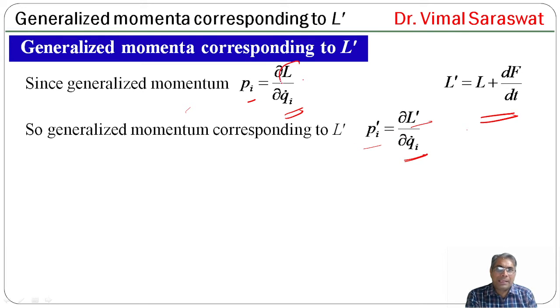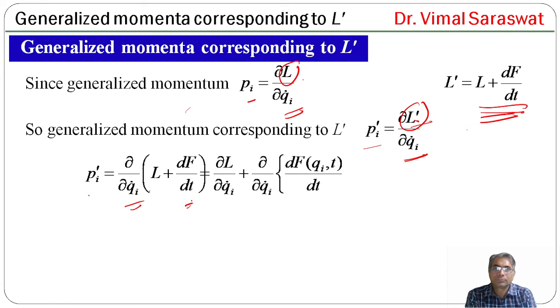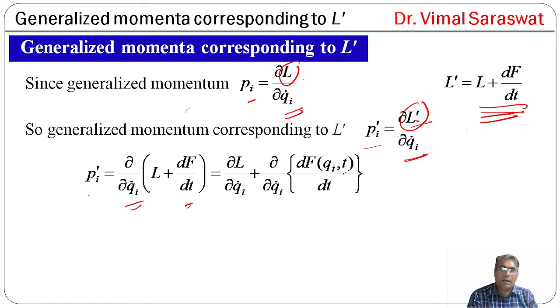So we replace this L with L'. Now, L' is actually L plus df/dt. So Pi' is equal to ∂/∂Qi dot of L plus df/dt. Now this will be equal to ∂L/∂Qi dot plus ∂/∂Qi dot of df/dt, and f depends on Qi and t.